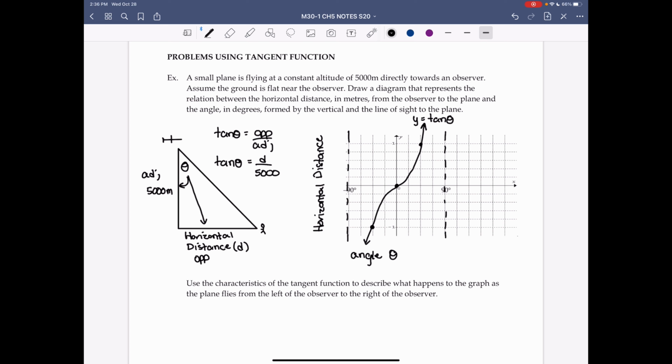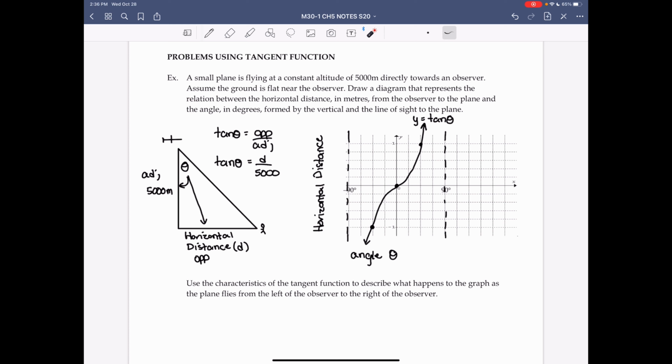Then it says use the characteristics of the tangent function to describe what happens to the graph as the plane flies from left of the observer to the right of the observer. We can think of negative angles as this is on the left of the observer, this is where the observer is, and then this is on the right of the observer.